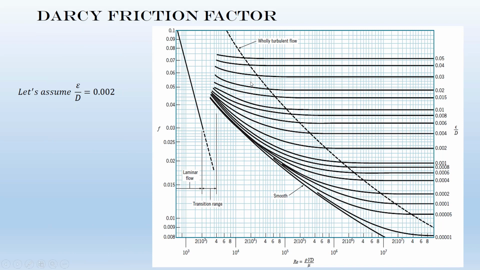Here, this part is for the laminar flow, and this part is for the turbulent flow. Now let's assume that the relative roughness is 0.002.